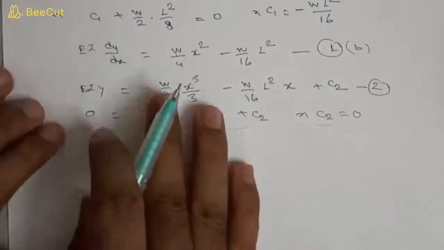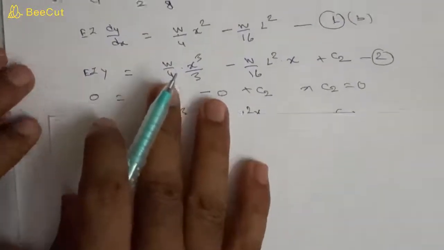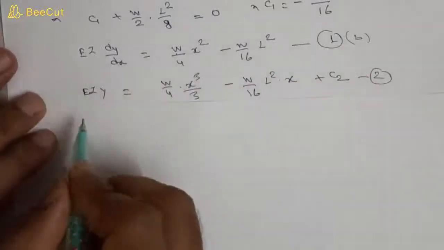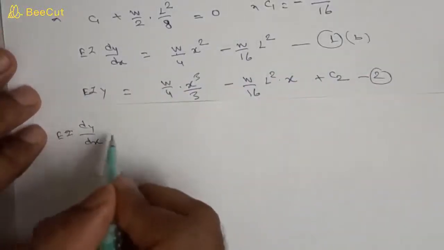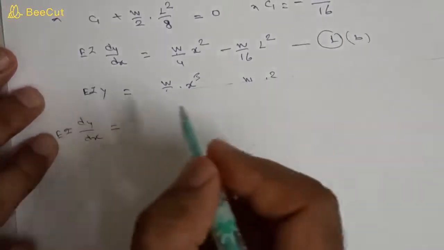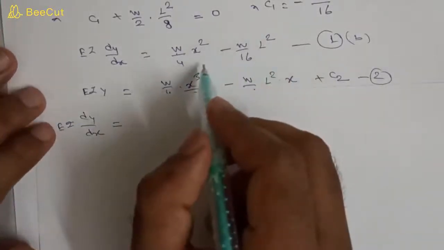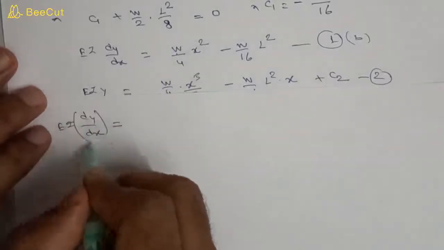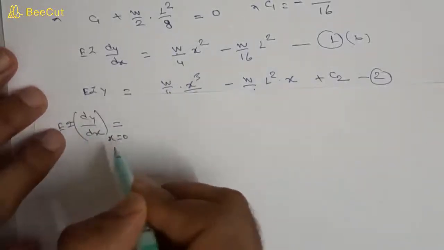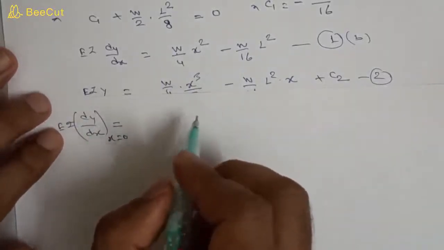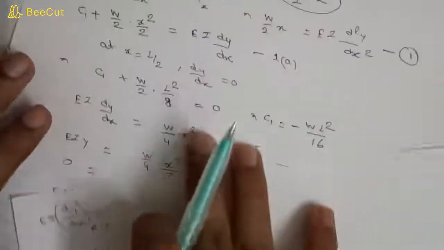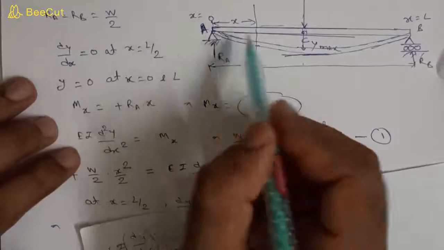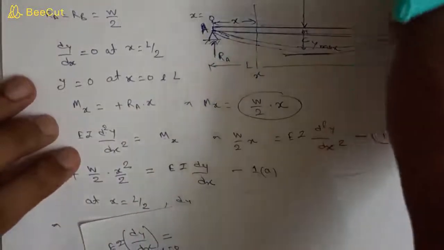So we have slope from equation 1b, EI dy/dx is equal to this. If we find dy/dx at x = 0 and x = l, this beam is symmetrical, so bending will also be symmetrical, and the slope at this point and this point will be the same.